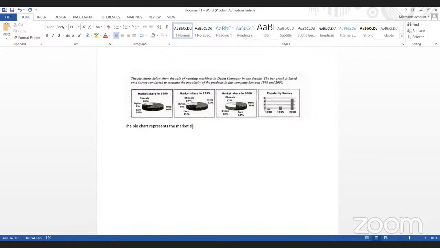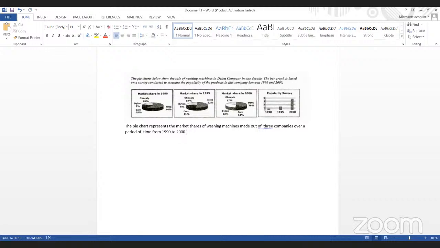The market shares of washing machines made out of 3 companies over a period of time from 1990 to 2000. The pie chart is going to give that.